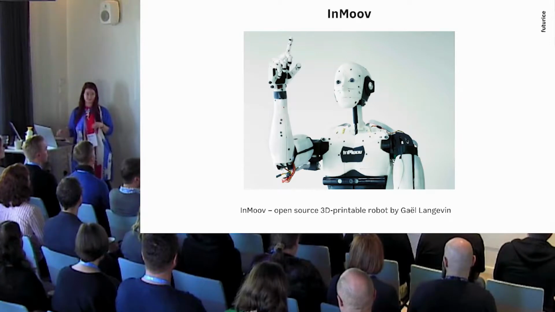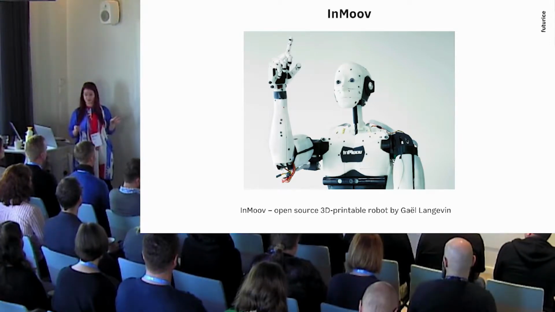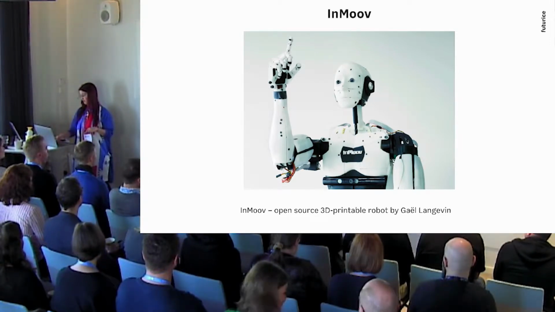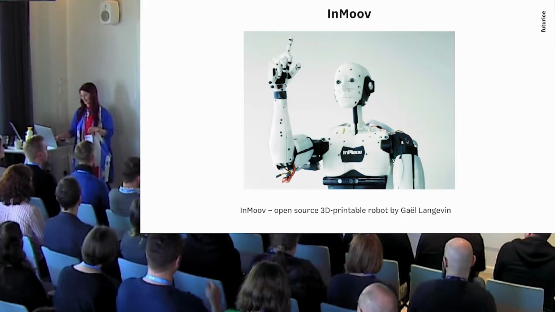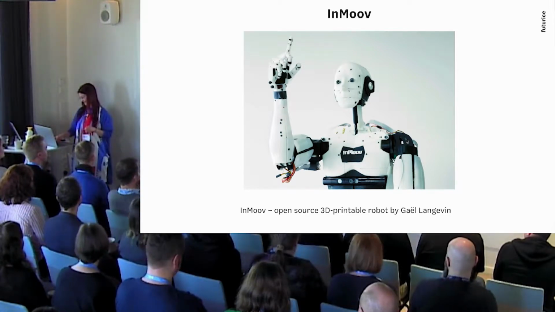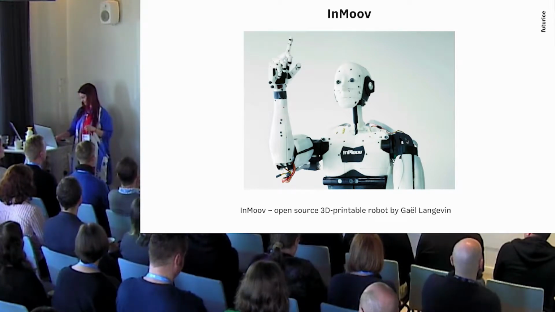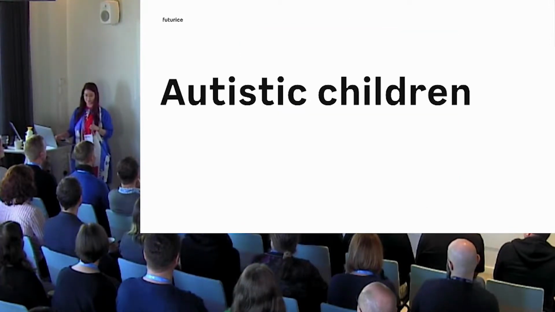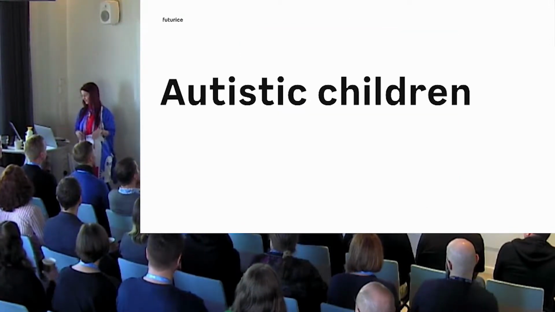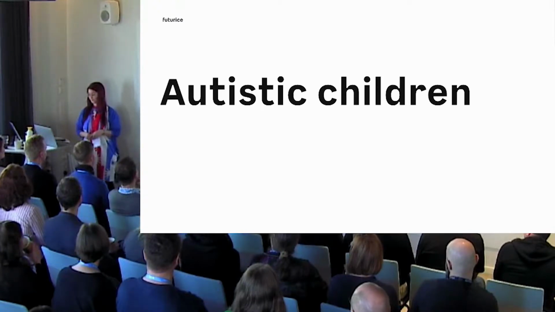We built an instance of InMoov at Futurice, and we called it Momo, which was unfortunate when this scandal with children scaring bot happened, but that turned out to be fake, luckily.